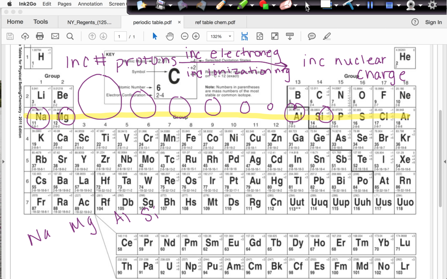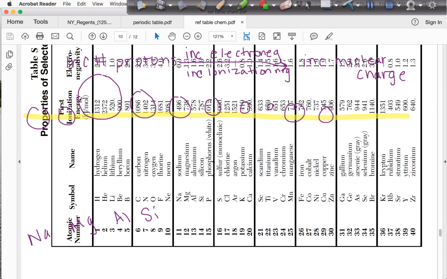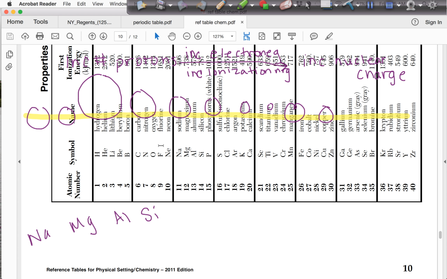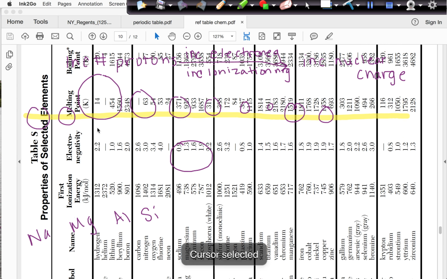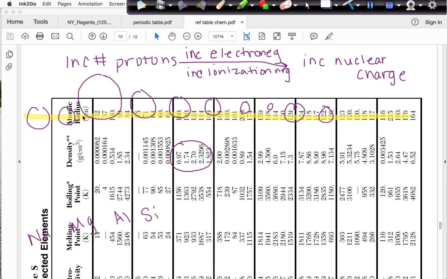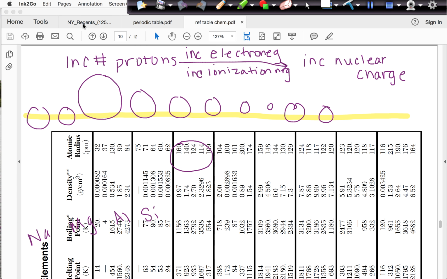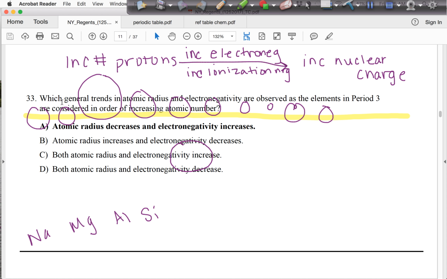If we want to, we can also switch to table S, and we can find Na, Mg, Al, Si, and P. And remember, we can look up the ionization energy, the electronegativity, the melting point, boiling point, density, and atomic radius on this chart.